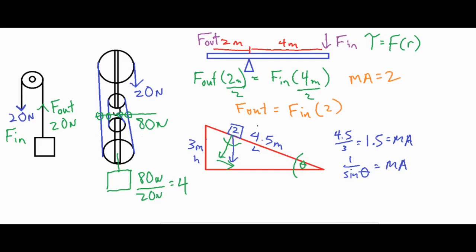So if we wanted the angle, we can go ahead and say the inverse of sine is the opposite of the angle, which is the 3 meters divided by the 4.5. And that gives us an angle of 41.81 degrees.